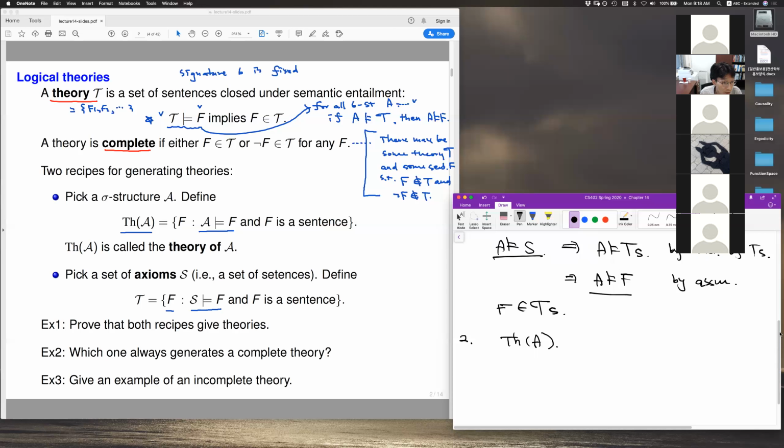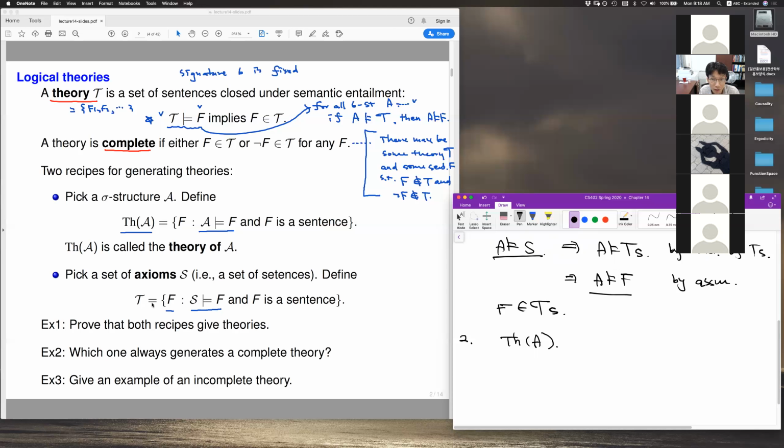Typically we consider a set of sentences S which is satisfiable, but the definition does not exclude the unsatisfiable case, because if S is unsatisfiable, this theory T will consist of all the formulas.